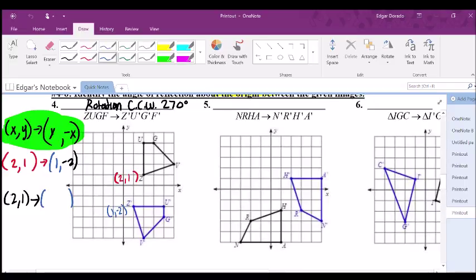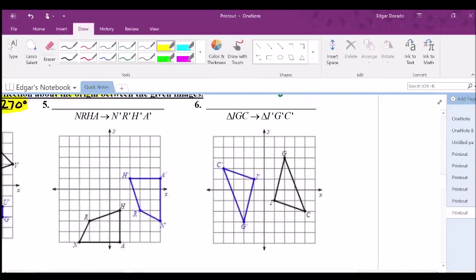So my x originally was a 2, now it's going to be a -2, but it has to switch with the y. So we switch them. This is the exact same thing as that. So yes, we have a rotation counterclockwise of 270 degrees. Okay, we can do that for any of these guys.